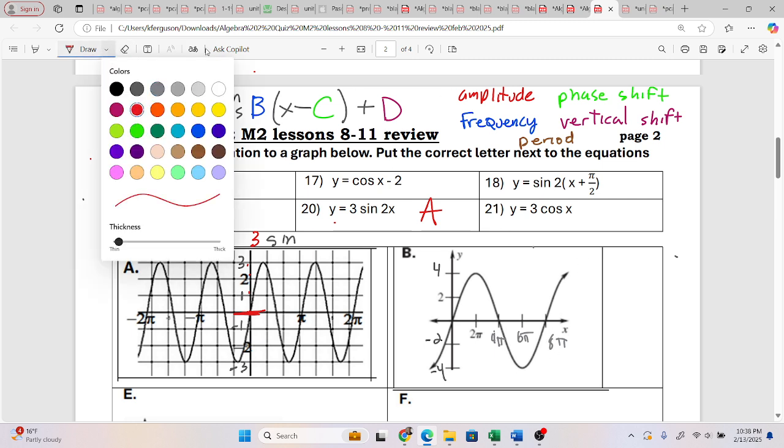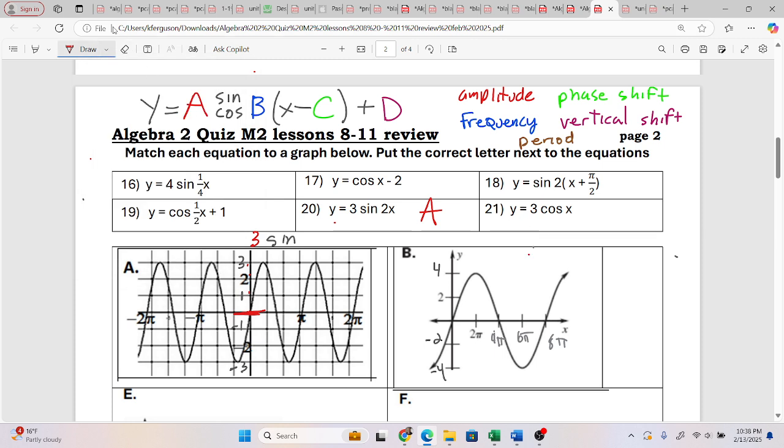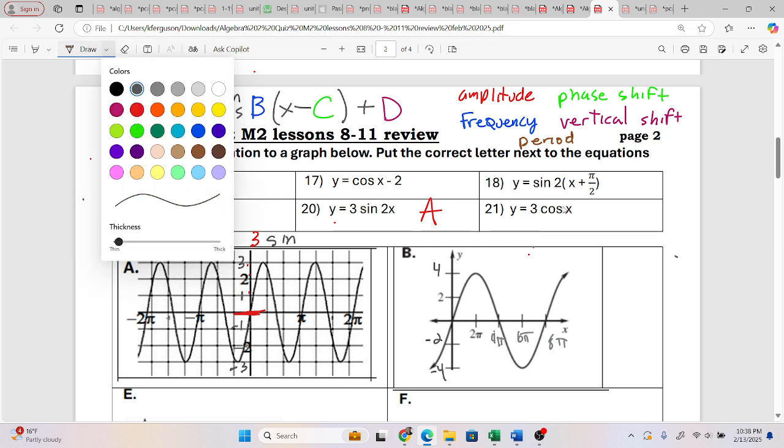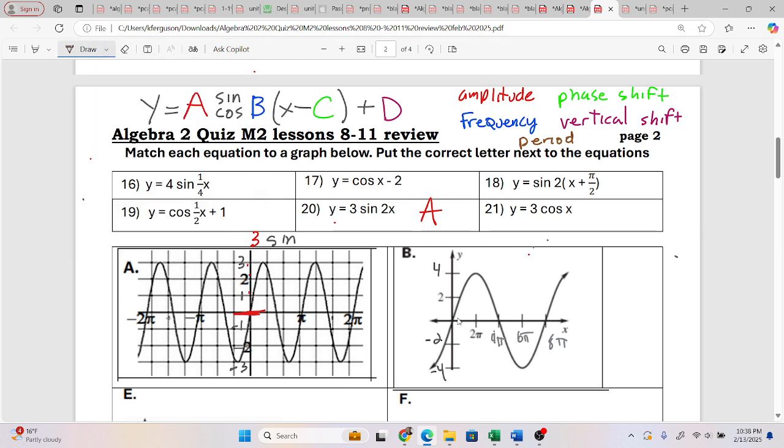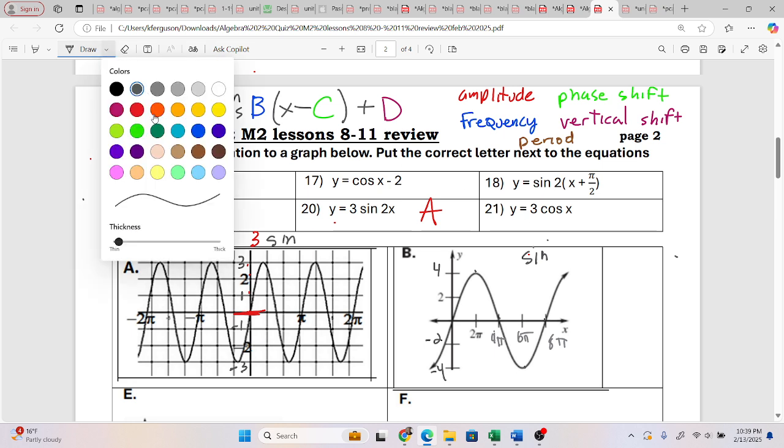let's look at amplitude. Nope, let's get the graph first and then look at the amplitude. Just like the first graph, we're starting at the origin, hitting a high point, getting back to the midline, hitting a low point, and ending at the midline. So that's one complete sine cycle. So I'm looking at sine, right? Now let's look at the amplitude.